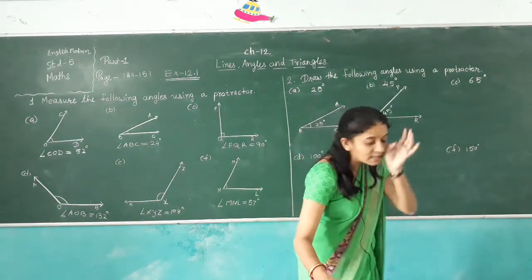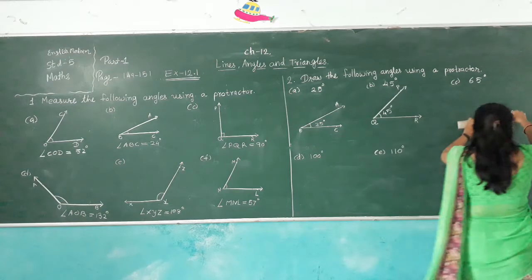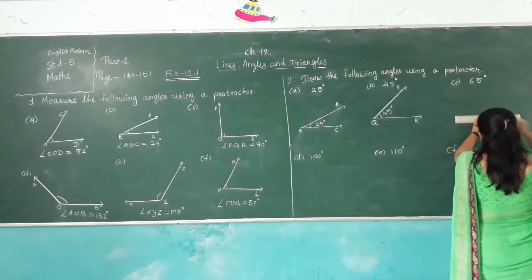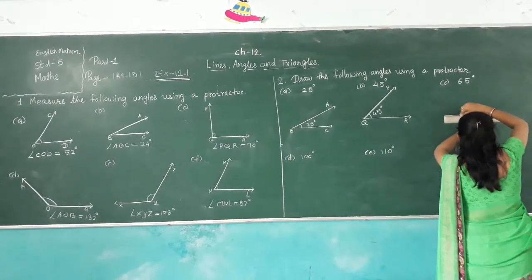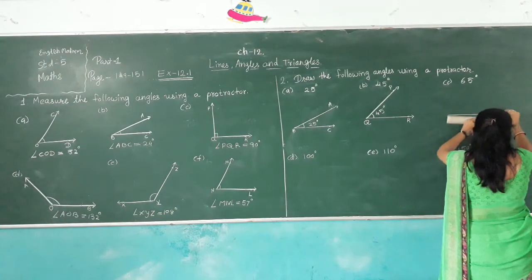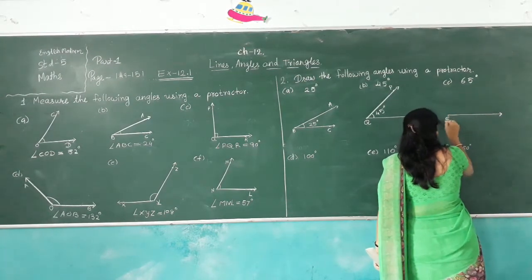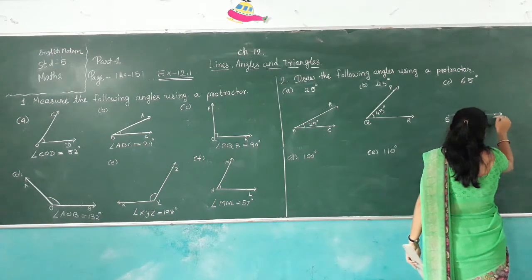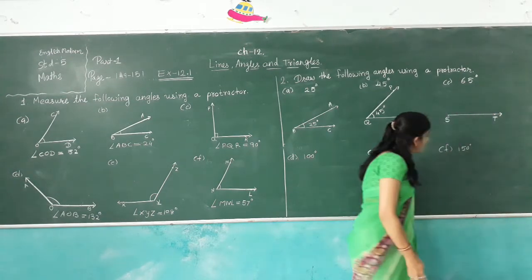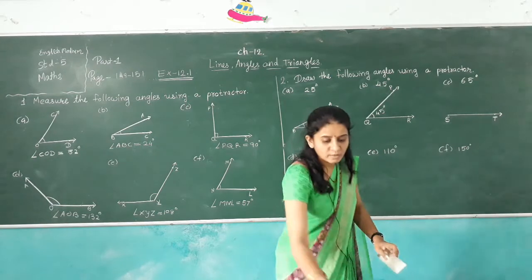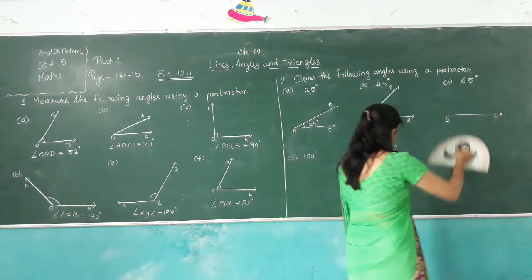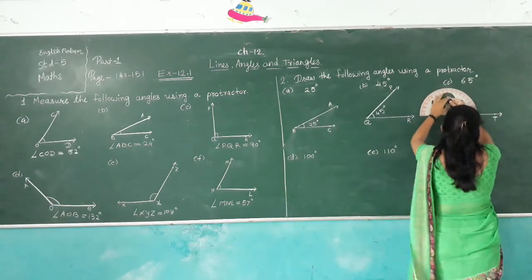Same as before, 65 degrees. First draw a ray. Then the end point S, and here write T. Then use the protractor, keep the protractor properly.